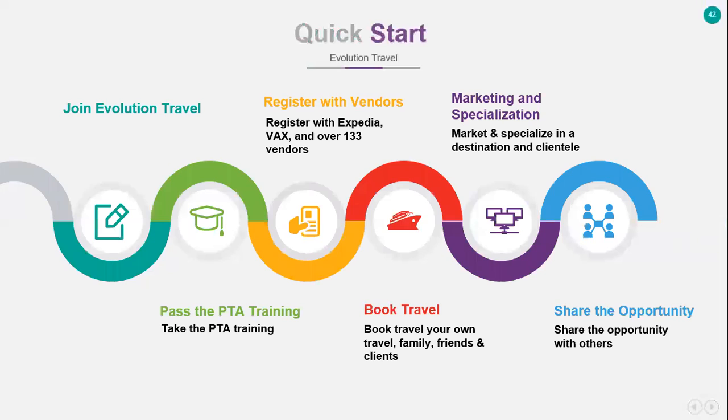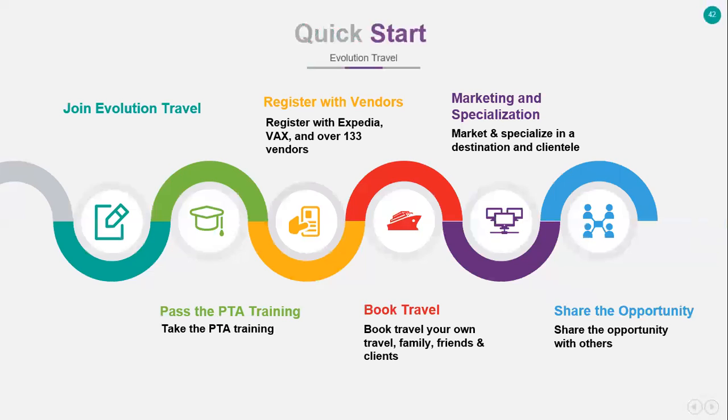So you can really go through this quickly. You can really enforce the fact that this is what you do in order to make it an evolution. You join, you pass the PTA, you register with your vendors, you book your travel, you set up your marketing and specialization, all right, because you are responsible for your marketing.